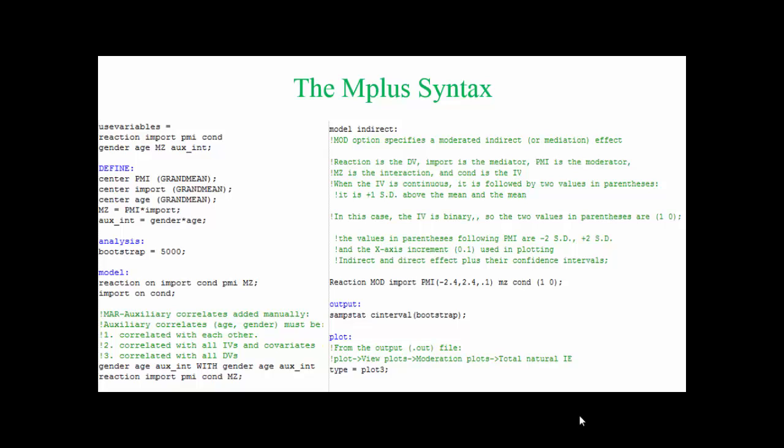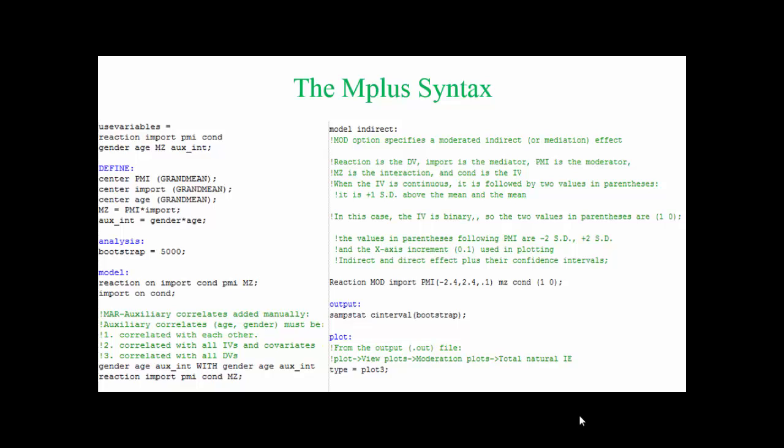The other piece of information I've got commented out to death is the model indirect command. And just like it talks about, reaction is the DV, mod is the keyword that's going to give us a graph that's going to make it really easy to interpret what it is that we're going to find. Import is the mediator, PMI is the moderator. So you've got a bunch of values in PMI here in parentheses.